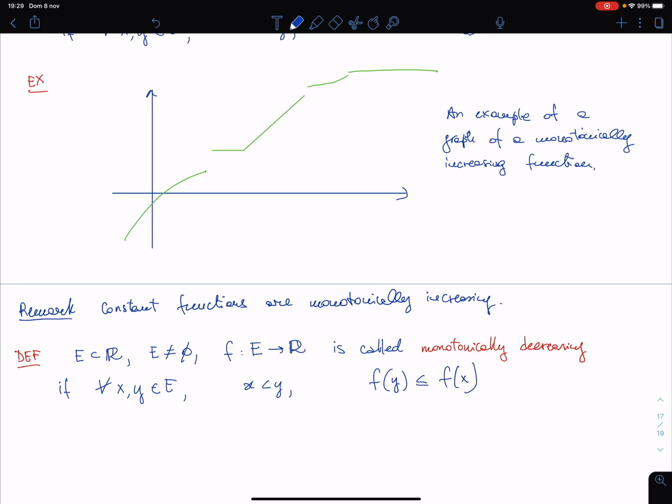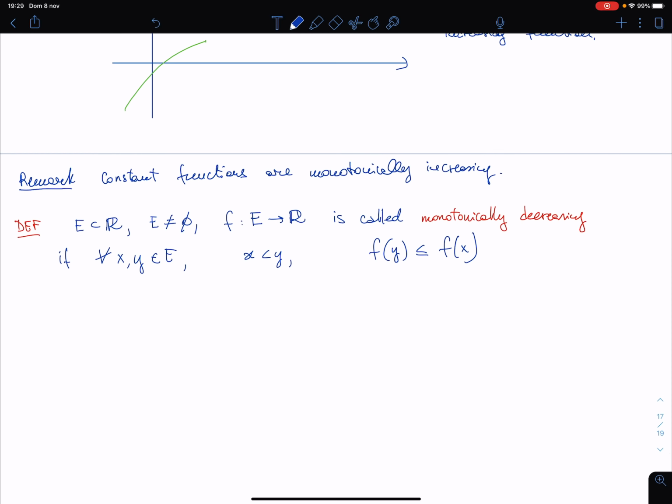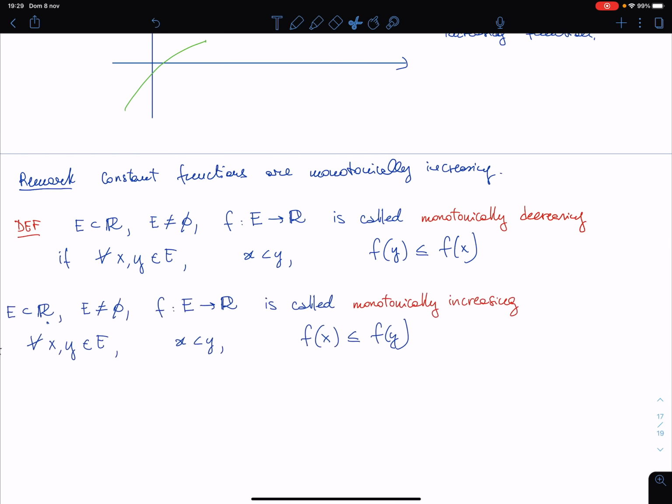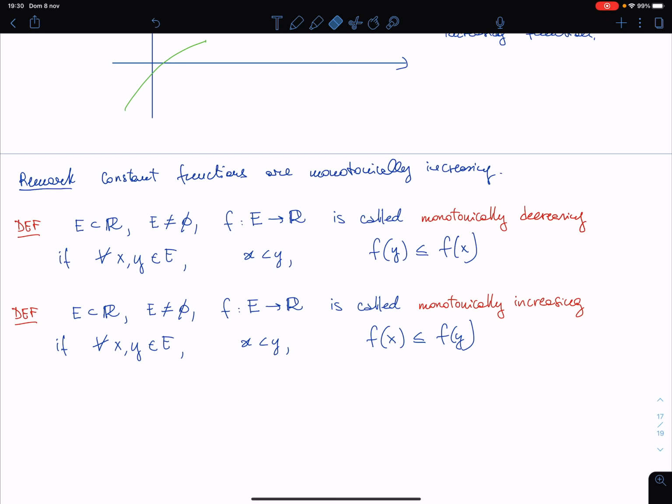Other definitions can be easily obtained by this cut and paste.